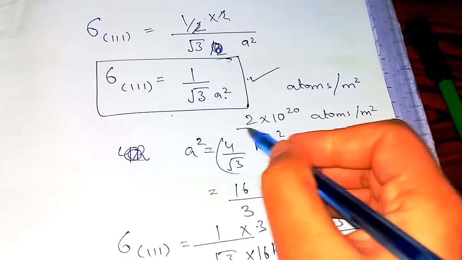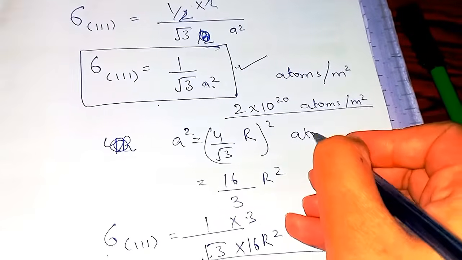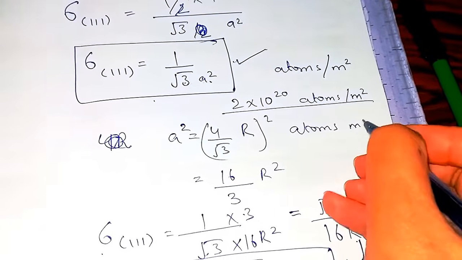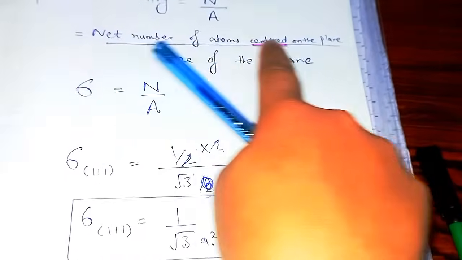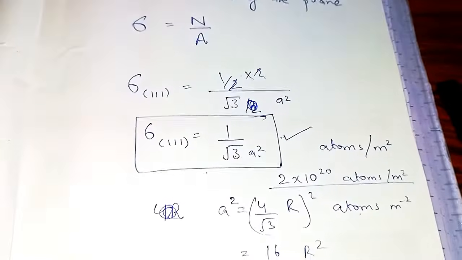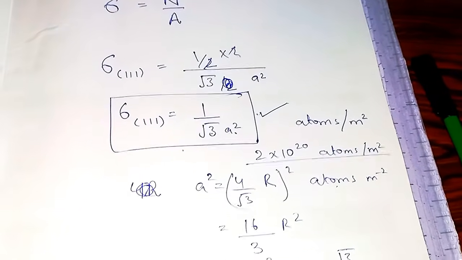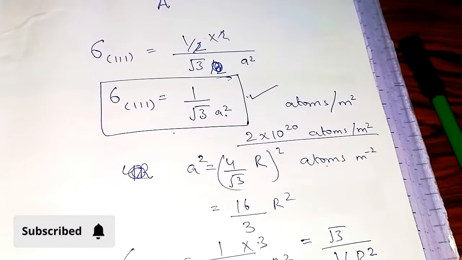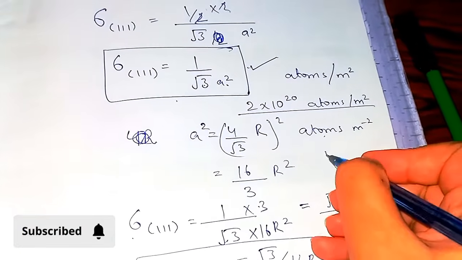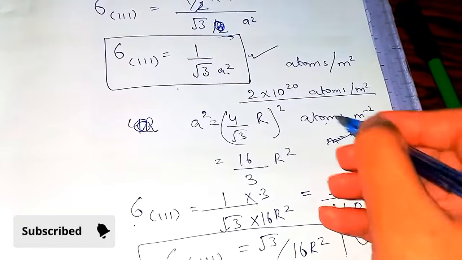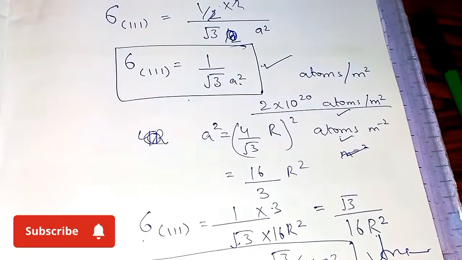Or you can write it as atoms space per meter square. Atoms shows that we have the number of atoms on the numerator, so this is the planar density of number of atoms, how many atoms there are on the plane, so that is why we are writing atoms. We can even write it like that as well, but that's more perfect.